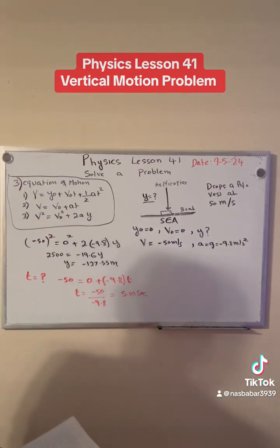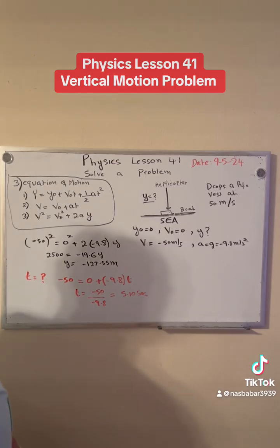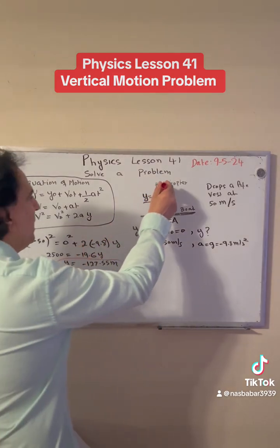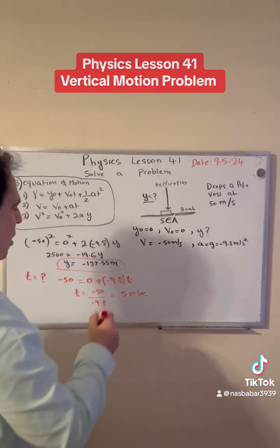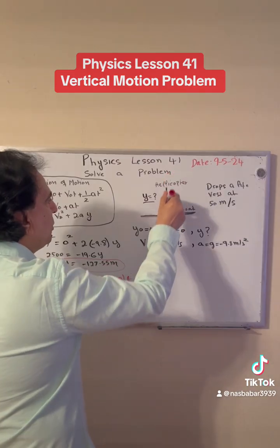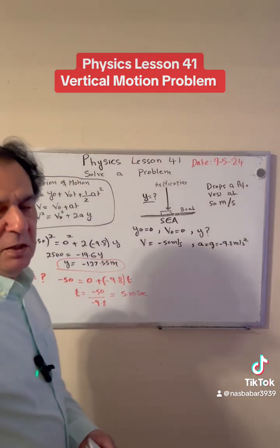So here you go. We found y, the distance between the helicopter and the boat, and how long it took for the vest to arrive from the helicopter to the boat: 5.10 seconds.